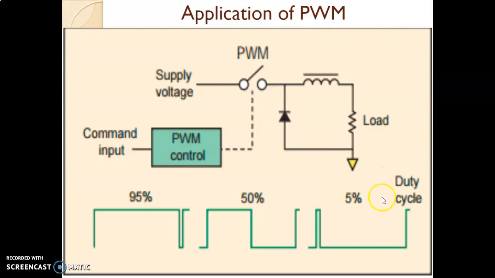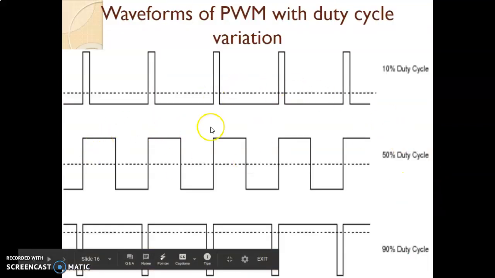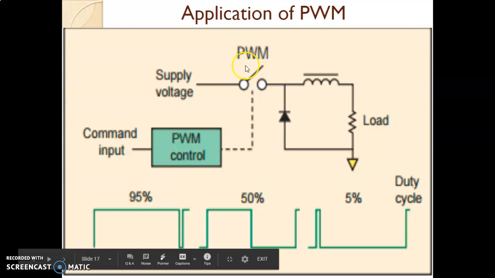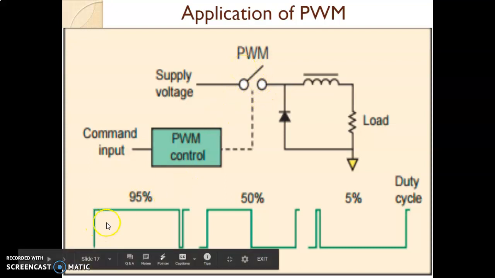How is it controlled? Because it has variable duty cycle, it has different on and off time period, and because of that PWM signal will decide for how much time the supply should be given and for how much time it should be off. So when the on period is more, for 95% of time the supply is given, and for 5% time the supply is off.